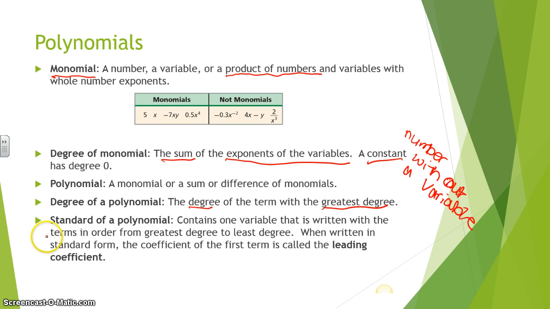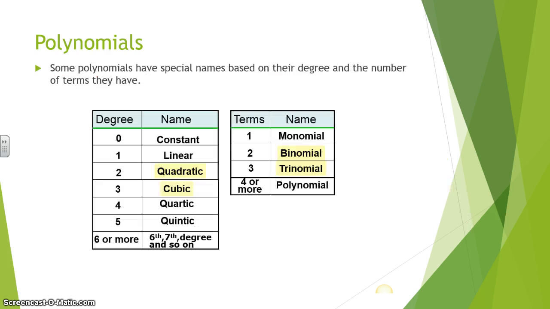And then when you're written in standard form, the coefficient of the first term is called the leading coefficient. So remember, a coefficient is a number in front of a variable, your first term, and we call that the leading coefficient, the first term with a coefficient in front.